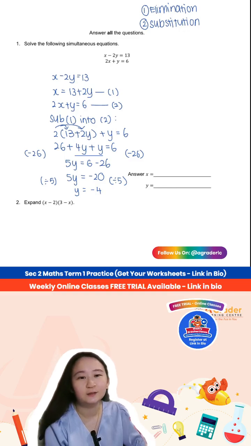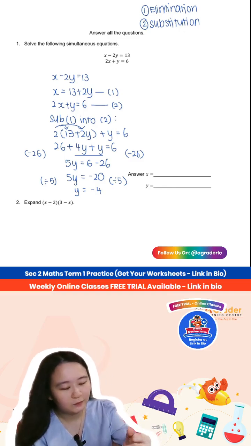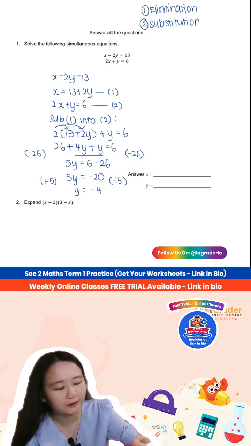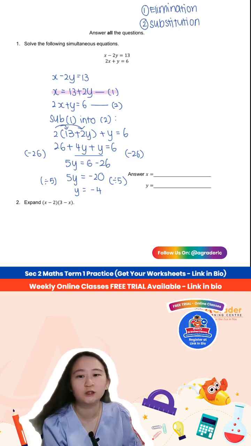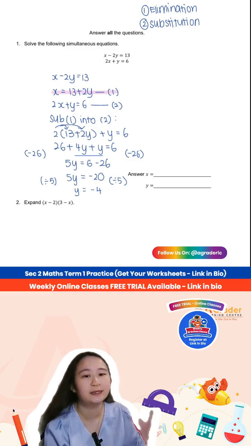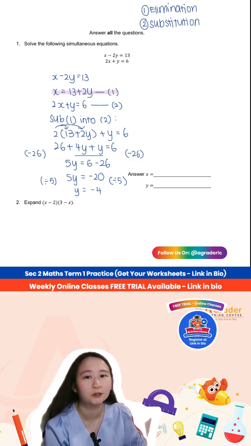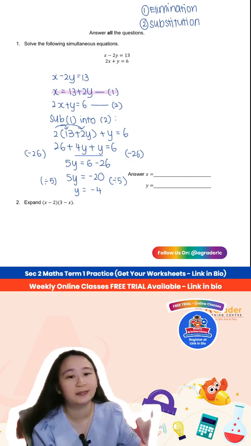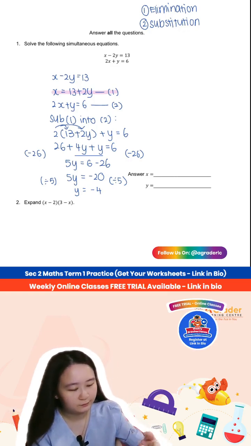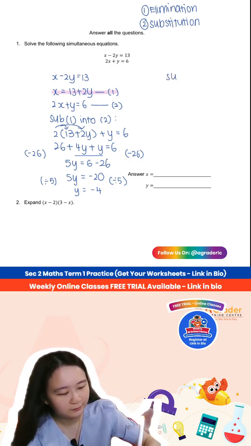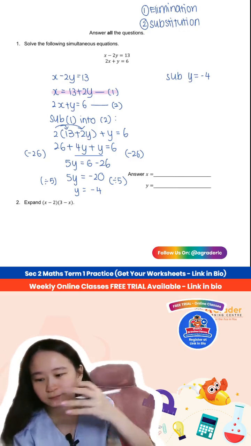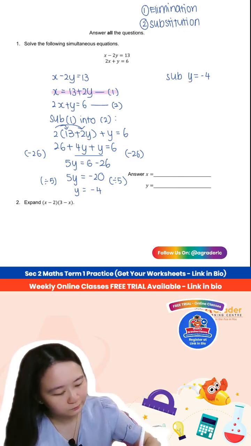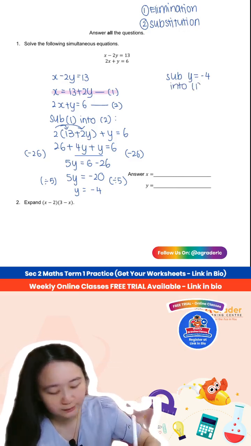Okay, so for the substitution method, always substitute back into the equation that you have transformed, which is equation 1 here, because it's already in terms of x. So by substituting y equals negative 4 into equation 1, you can find x directly. Okay, then you sub y equals negative 4 into 1.